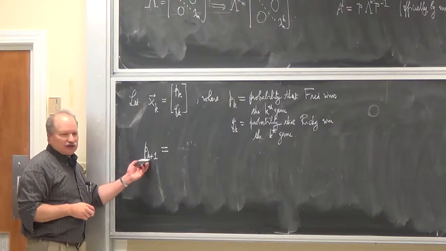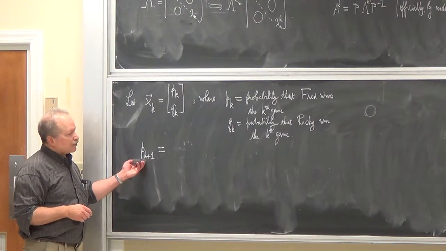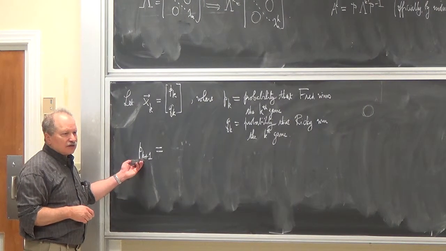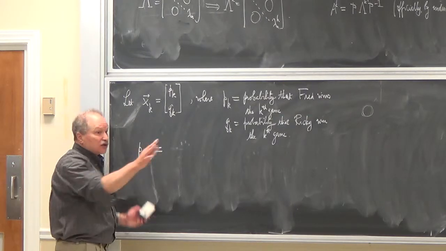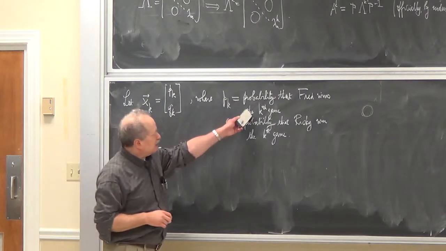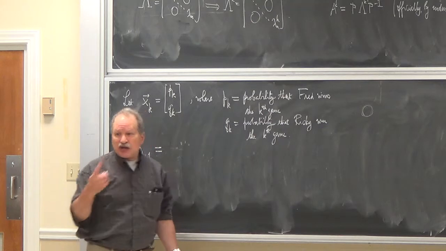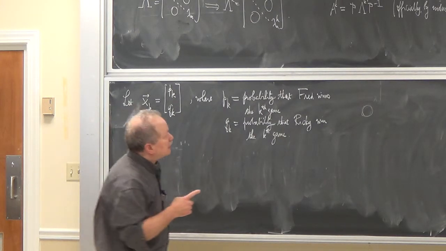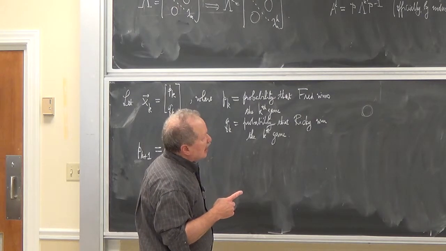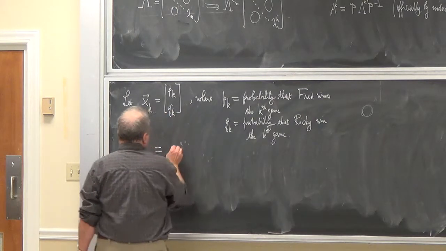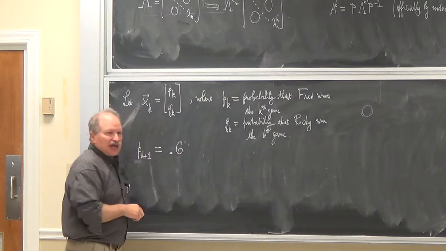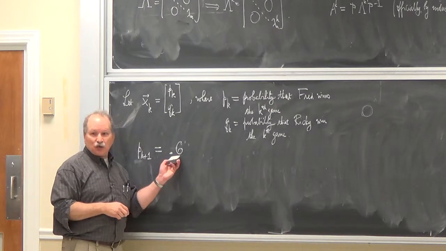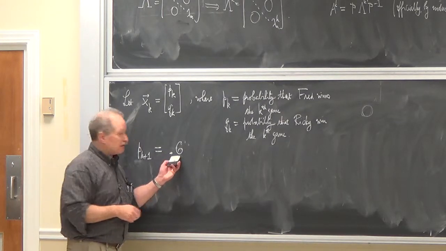What's the probability that Fred wins the next game? No, it has nothing to do with the first game. It has to do with either he won the kth game or he lost. So if he won the previous game, there's a 0.6 chance that he wins the next one.